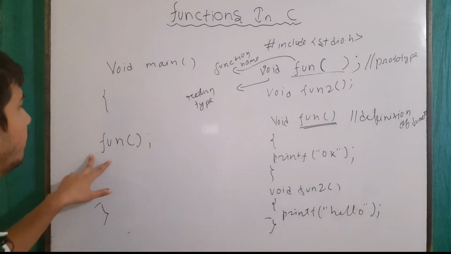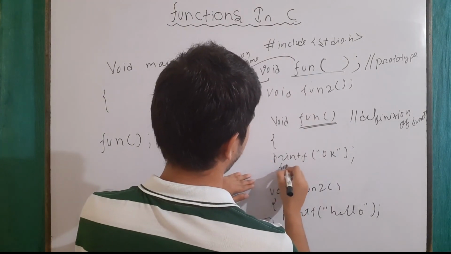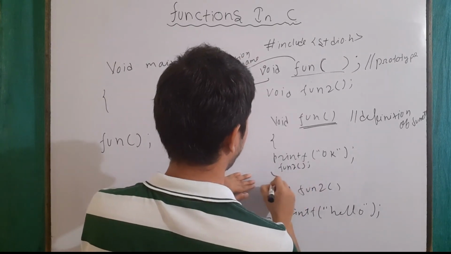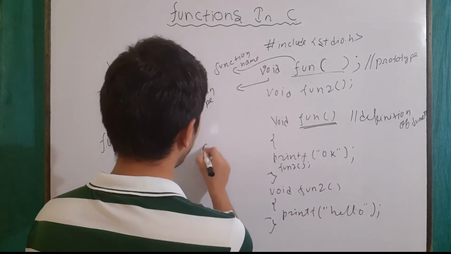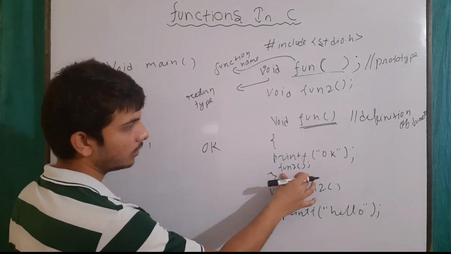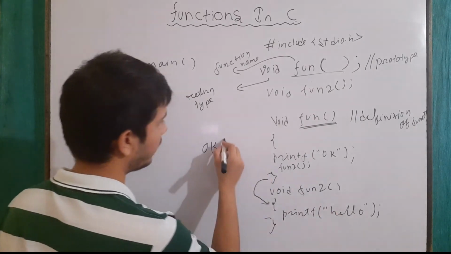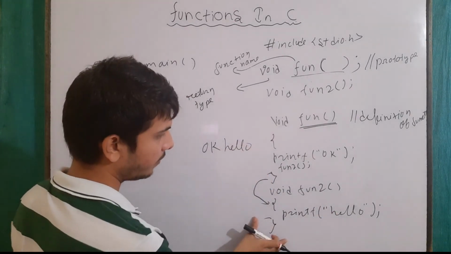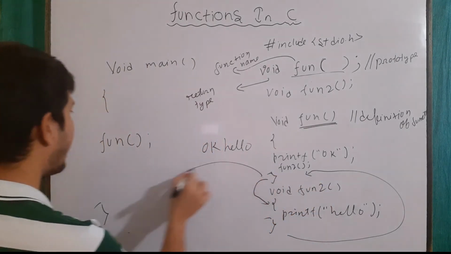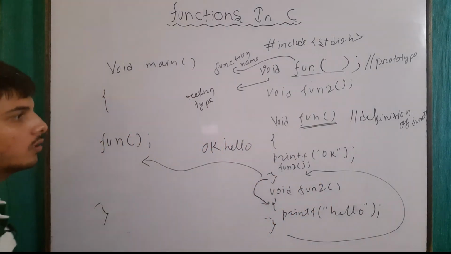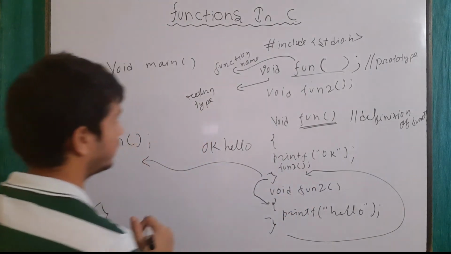So the control will go to fun, and let's say I am calling fun2 also in this function. So now fun will be executed, it will print first okay, then it will call fun2, then the control will go to this line, it will print here hello, and it will terminate, then go back to the next line, and then it will end. So the meaning is that a function can also call another function, there is no restriction.